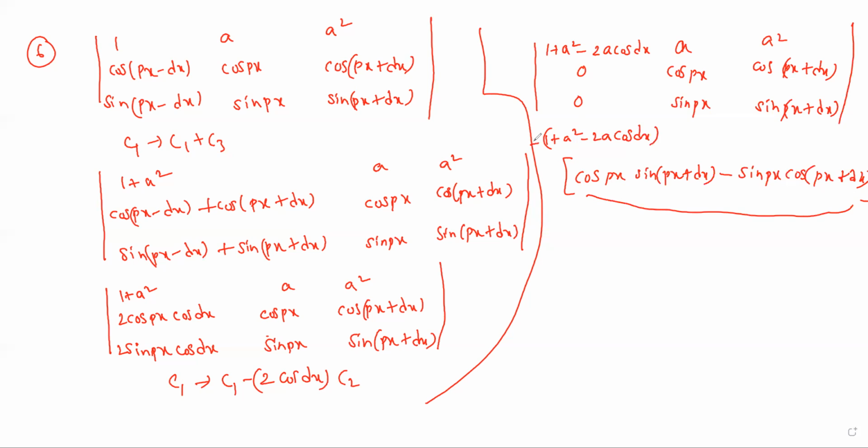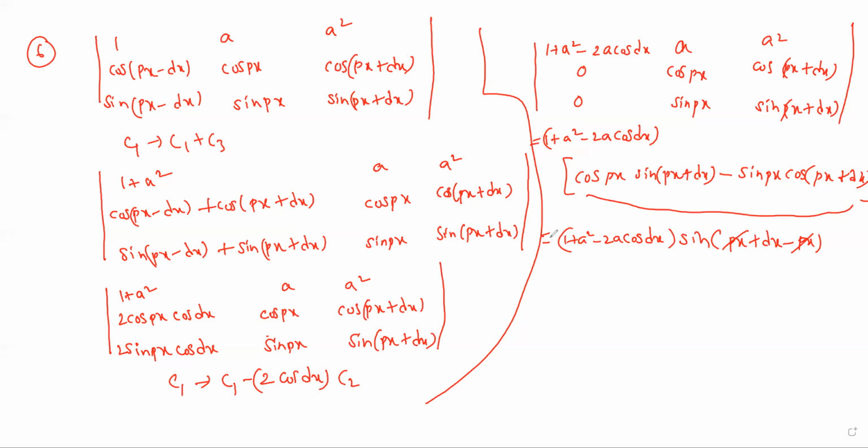Afterwards, this is sin a cos b minus cos a sin b, that is sin of (a minus b). So (1 plus a square minus 2a cos dx) into sin of (a minus b). Sin of (a minus b) means px plus dx minus px. Px cancels.